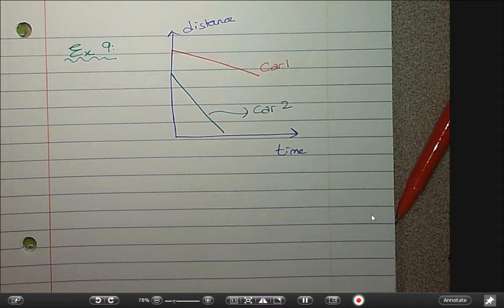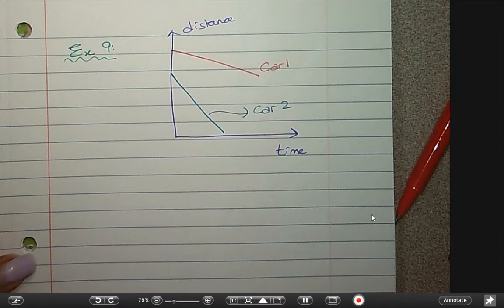So what's happening in the two cars here? I don't know if you guessed it right, but yes, one of them is moving slower than the other.